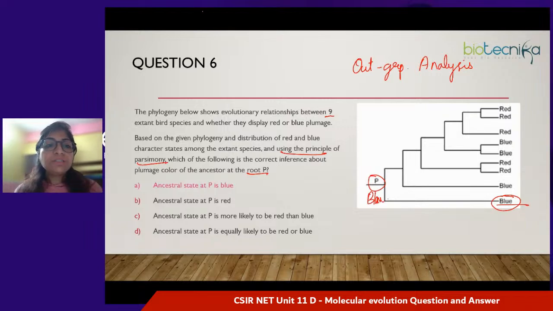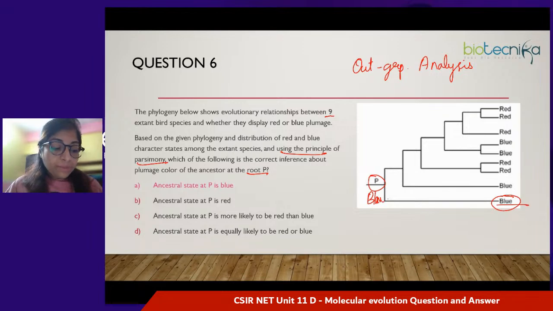What does it say? The principle of parsimony says that the most probable explanation of evolution is the simplest one. What does it mean? If two descendant species have the same character, then the chances are very high that they both got it from their most recent common ancestor, in comparison to both of them evolving that character independently.